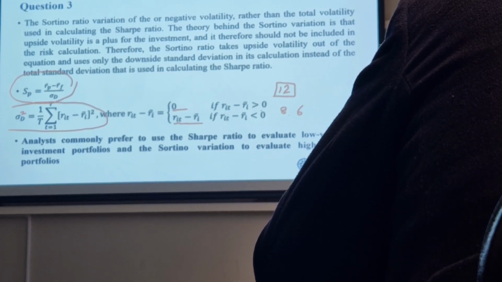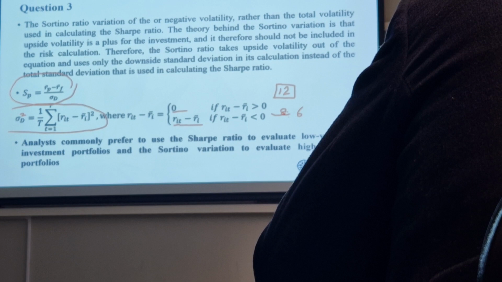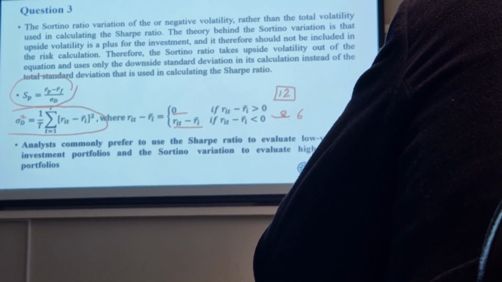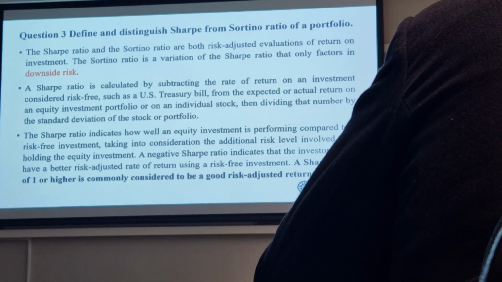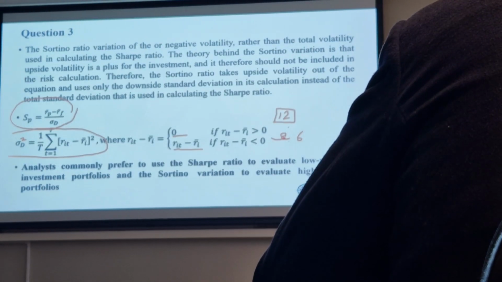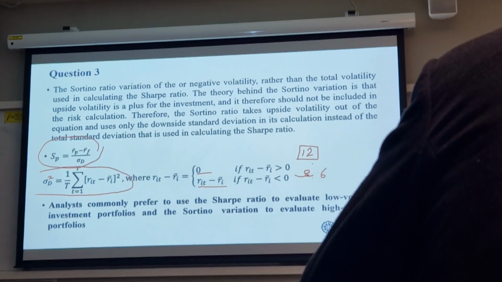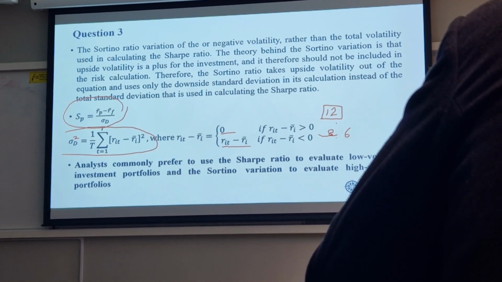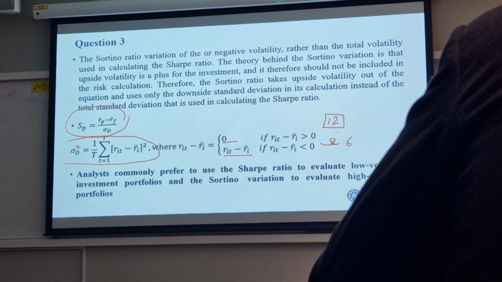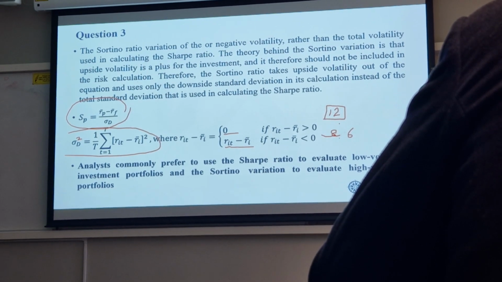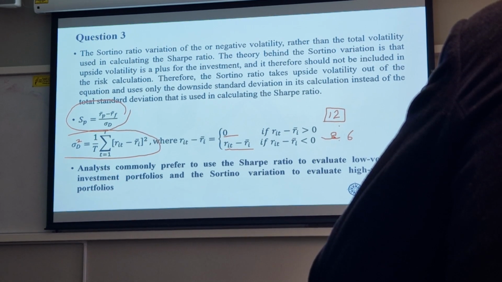The more downside observations there are, the higher the risk the asset could be. So these are the differences between the Sharpe ratio and the Sortino ratio. Normally, if the market is highly volatile, we consider the Sortino ratio, so we consider how much reward we can have after undertaking that high risk. Is that right? Is that good?